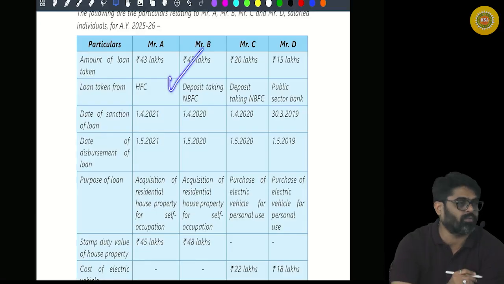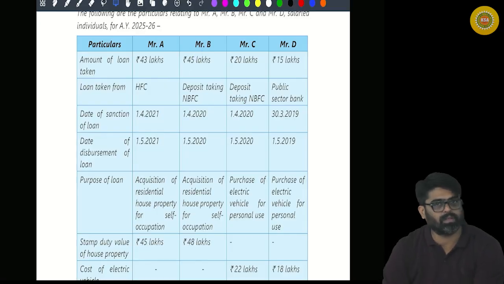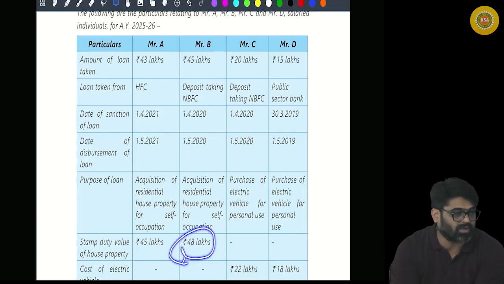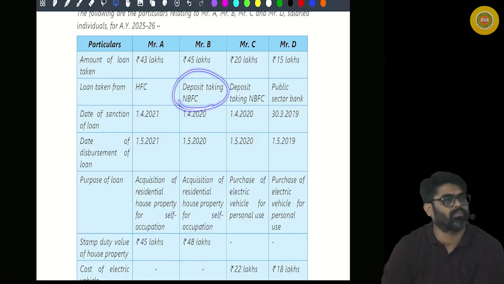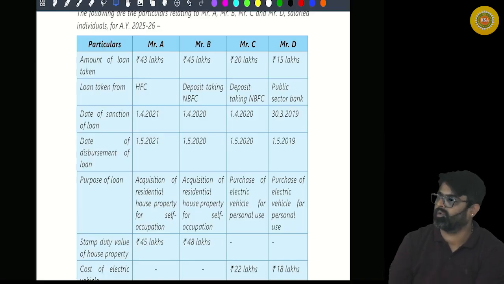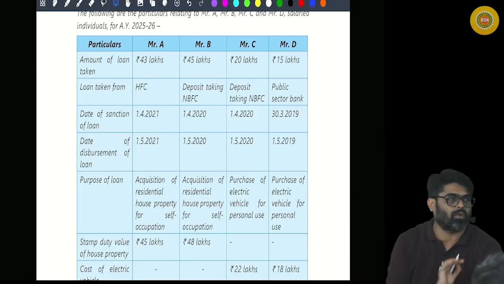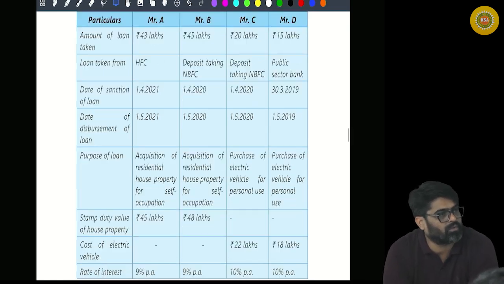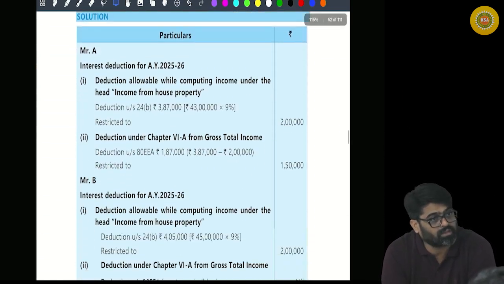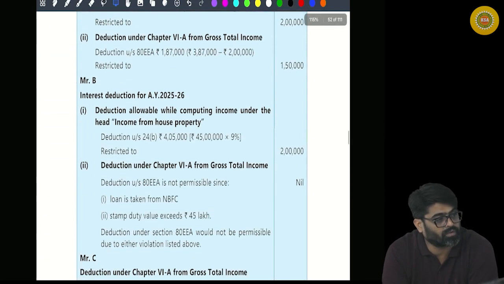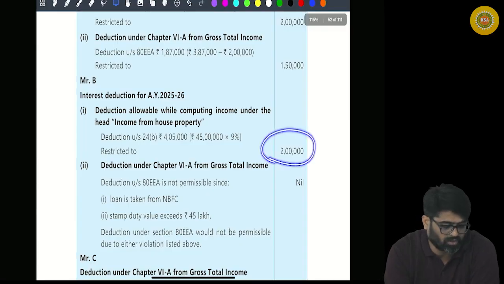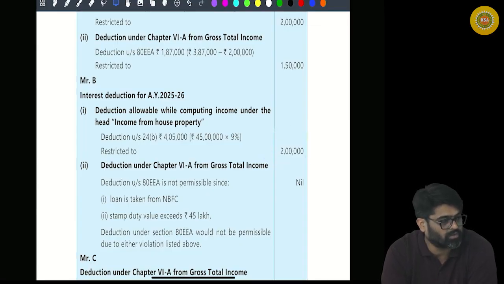Whatever may be the amount of loan, the stamp duty value should not be more than the limit, and the loan should not have been taken from an NBFC. If these conditions are not fulfilled, 80EEA extra interest cannot be claimed. So how much will be the total interest allowable? 4 lakh 5,000 or only 2 lakhs? Only 2 lakhs. Whatever extra was there cannot be claimed under 80EEA.